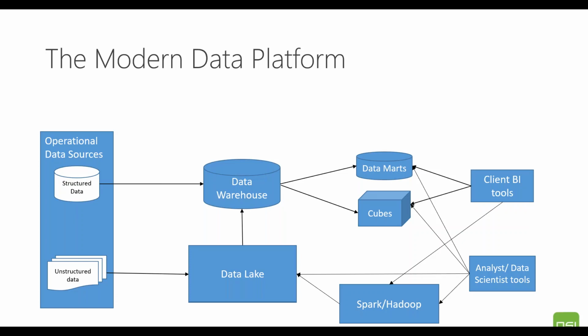I need to have a schema that I've decided ahead of time. That schema says these are the things that I am going to store, and this is how I'm going to store them. So I need to decide in a traditional relational data warehouse up front what I'm going to store before I store it. With unstructured data, that can be very hard to do.